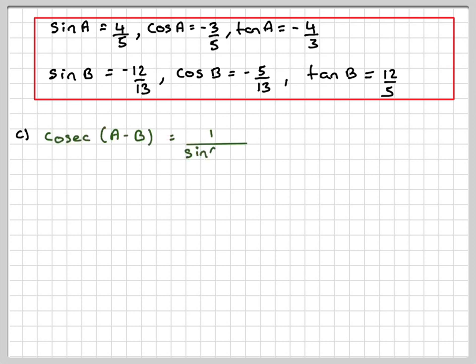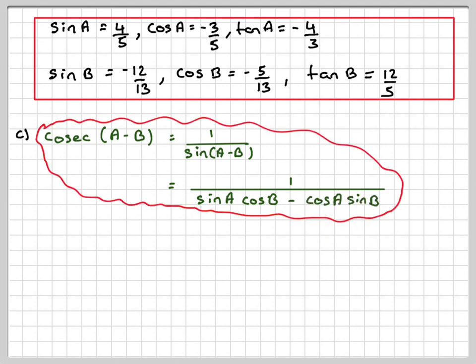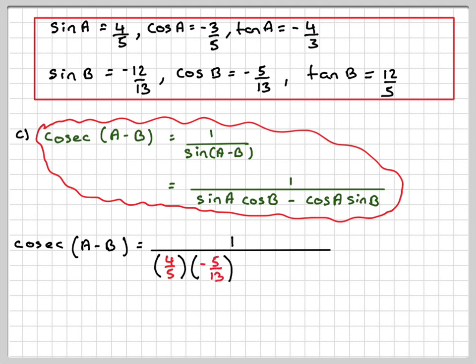Now cosec is 1/sine, so cosec(A − B) will be 1/sine(A − B), and we've got an expansion for that, so that will be 1 over sine A cos B minus cos A sine B. So sine A is 4/5, cos B is minus 5 over 13, minus cos A, which is minus 3/5, times sine B, which is minus 12 over 13.